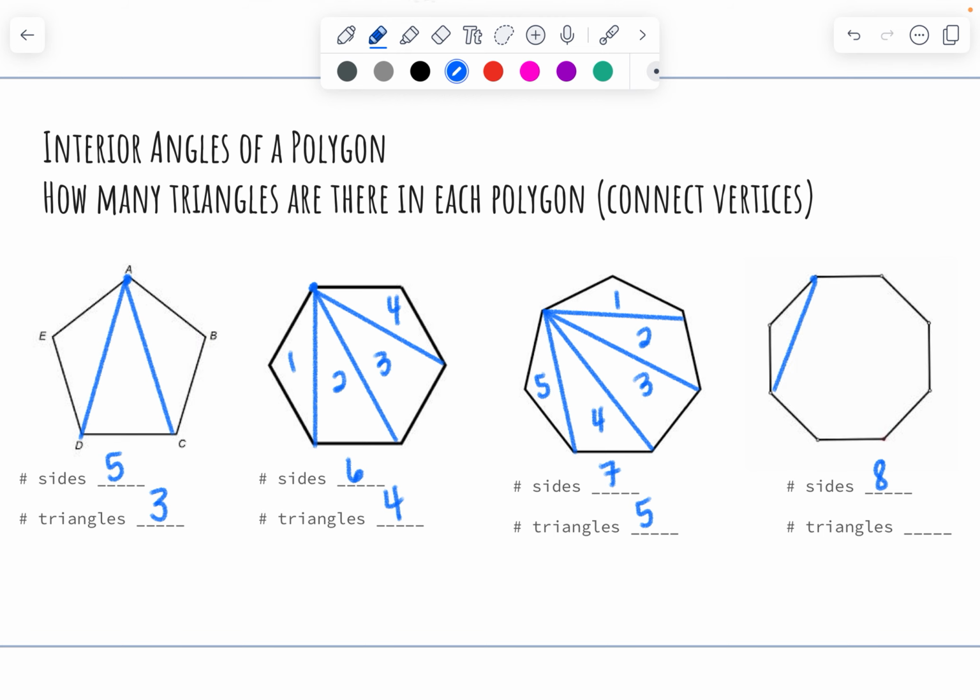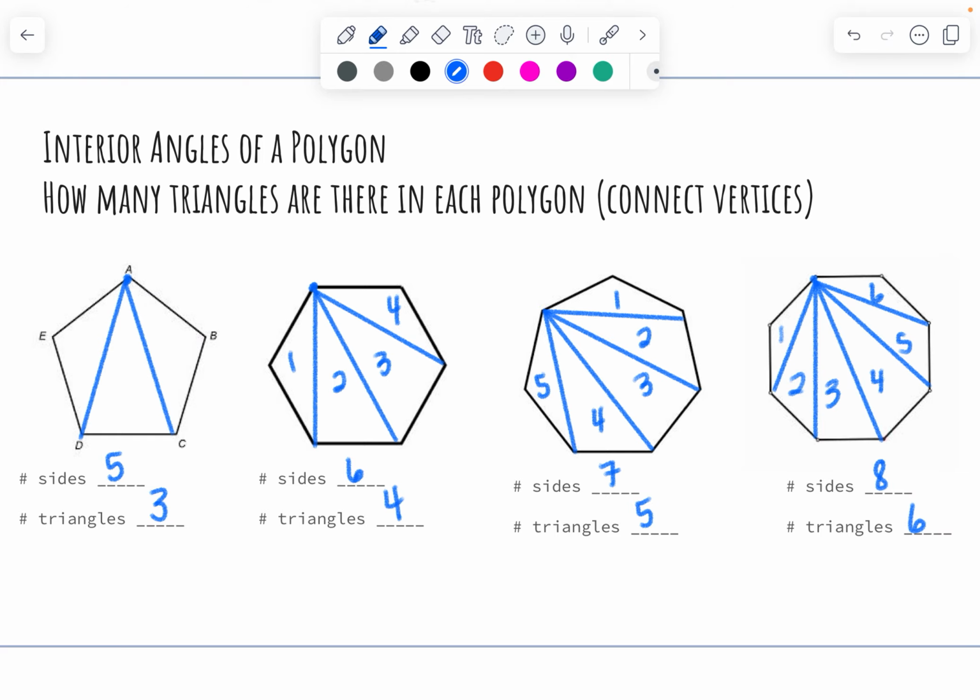If I make my triangles here, there's 1 triangle, 2 triangles, 3 triangles, 4 triangles, 5 triangles, and 6 triangles. So if you notice here, the number of triangles is always 2 less than the number of sides.